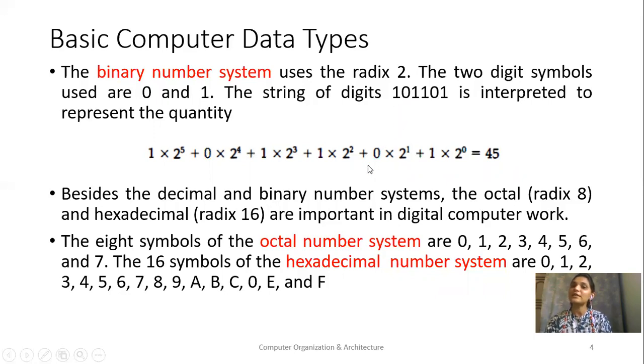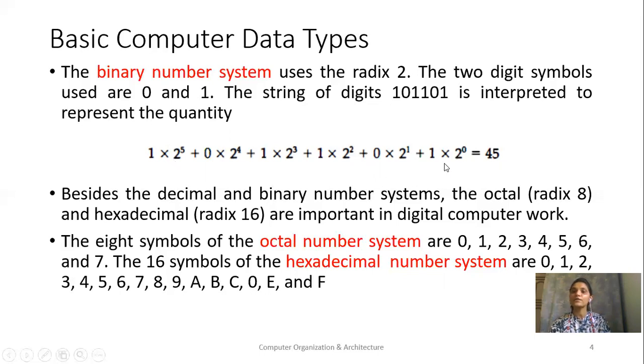So to find its equivalent number, we have to multiply this 1 with 2 raised to 0, this 0 with 2 raised to 1, this 1 with 2 raised to 2, this 1 with 2 raised to 3, this 0 with 2 raised to 4, and this 1 with 2 raised to 5.